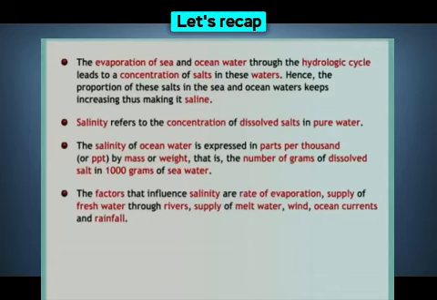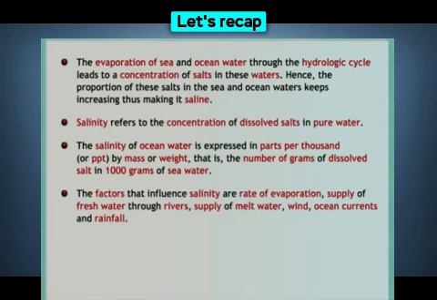Salinity refers to the concentration of dissolved salts in pure water. Next point is, the salinity of ocean water is expressed in parts per thousand by mass or weight, that is the number of grams of dissolved salt in 1000 grams of sea water.